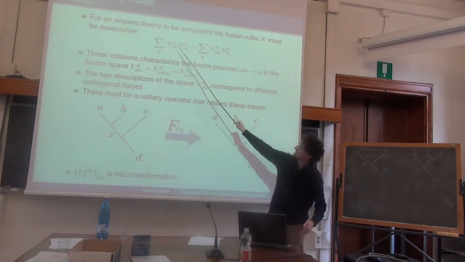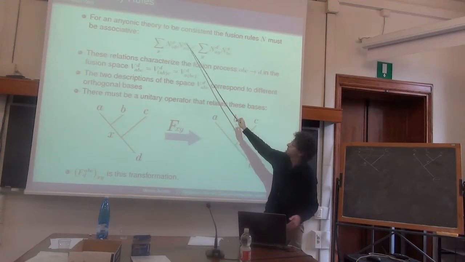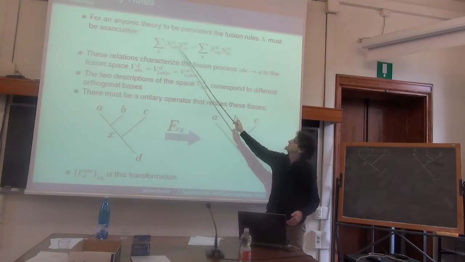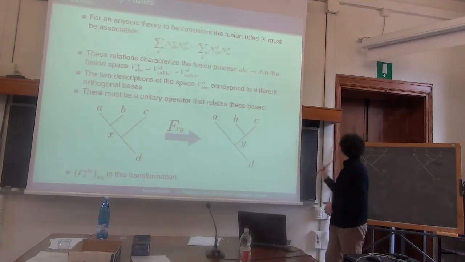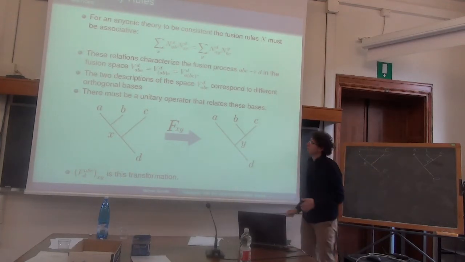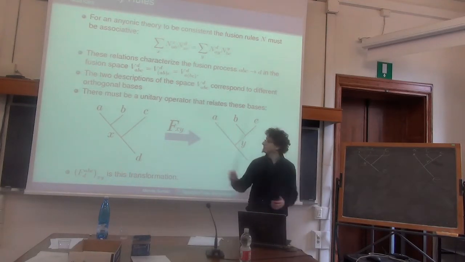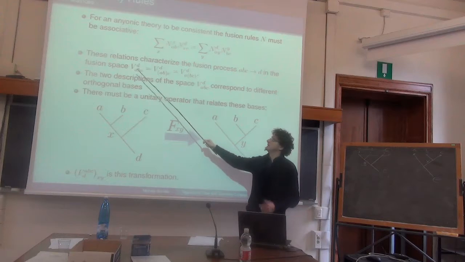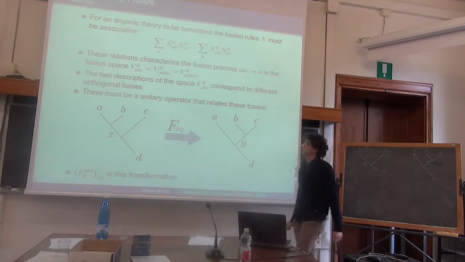If I fuse first A and B into X, and then X with C into D, I must obtain the same degeneracy as doing this other path in the fusion tree. That's why, essentially, all these states live in the same Hilbert space, and I may represent this Hilbert space in different classical bases.